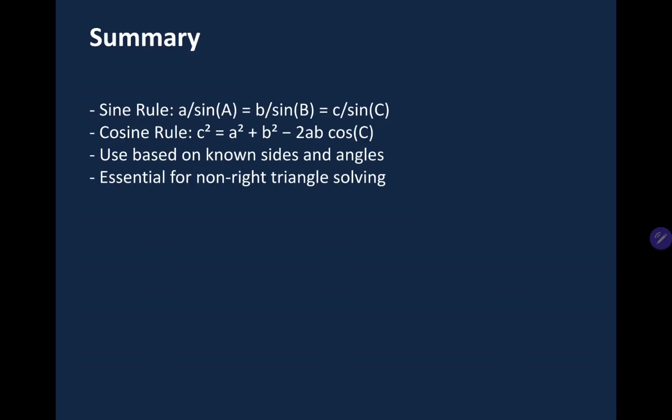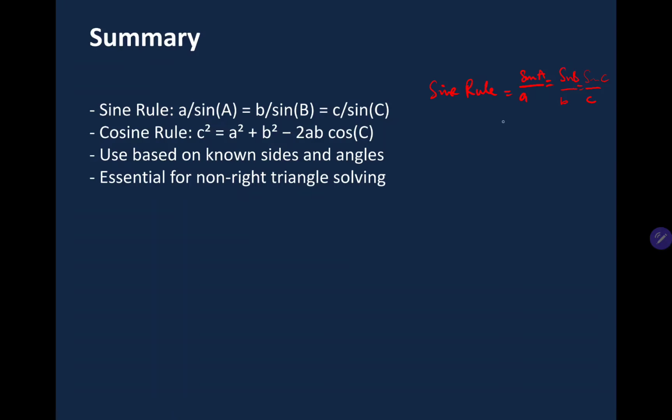Okay, for a summary, remember our sine rule says sine A over A is equal to sine B over B and is equal to sine C over C when you are looking for the angle.